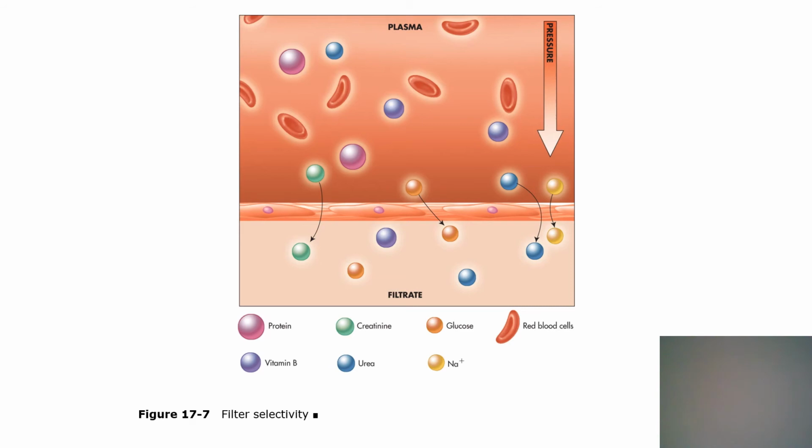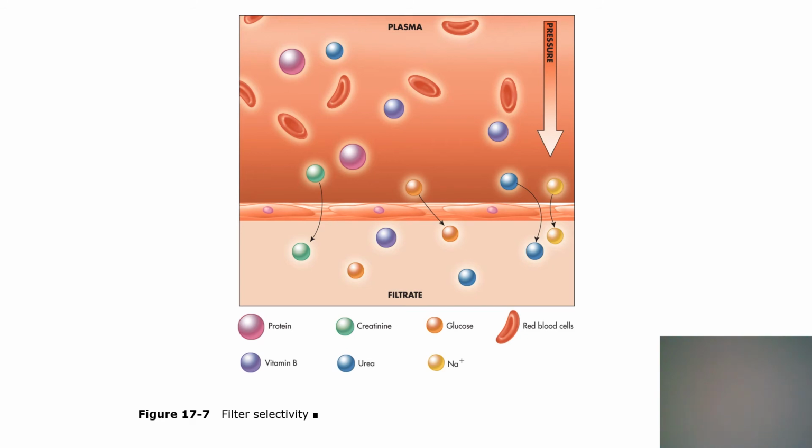And so some of the normal things you would see in the filtrate that goes back to the blood, back to the body, is of course some sodium, your vitamin B here, your creatinine, some of that can go back in.